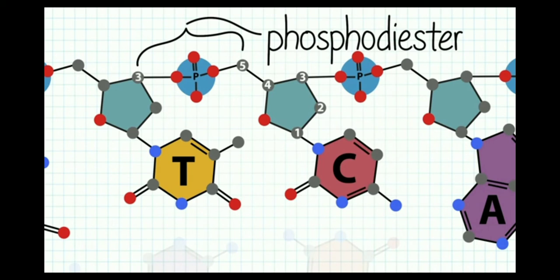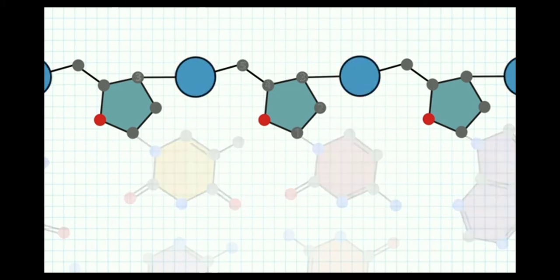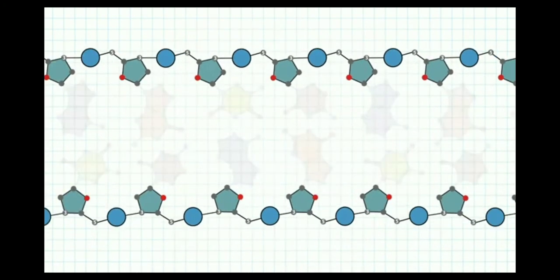Each of the nucleotides is bound together with the help of the phosphodiester bond. In the upper strand, you can see that the orientation is from 5' to 3', whereas in the lower strand, the orientation is from 3' to 5'.